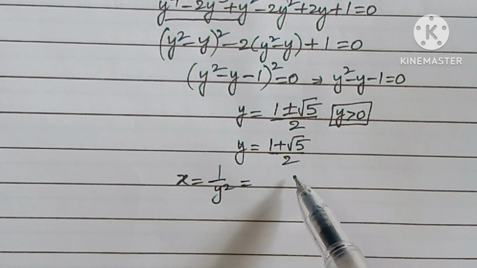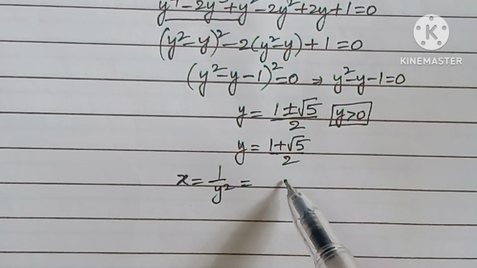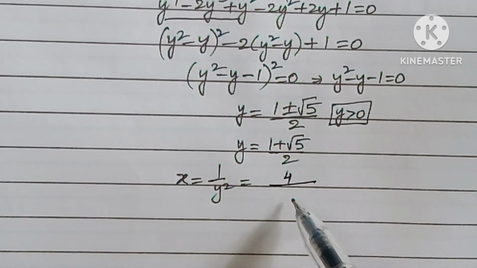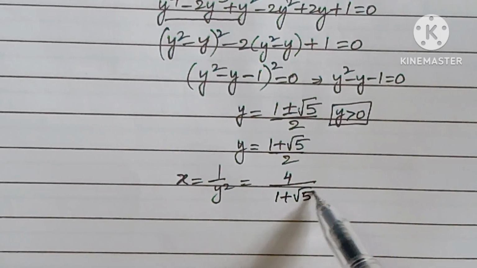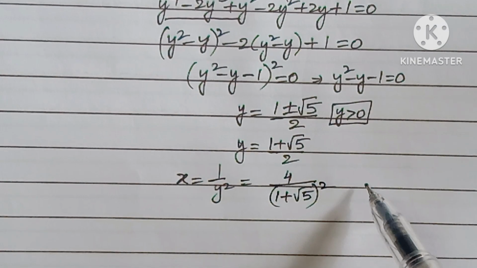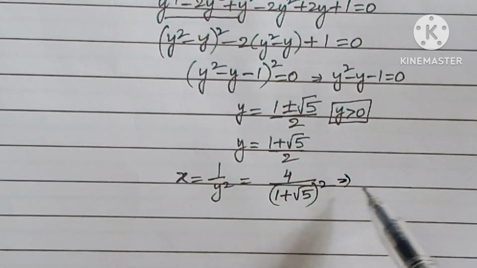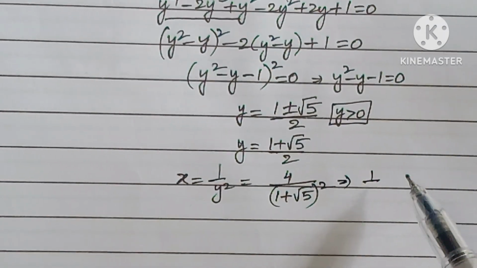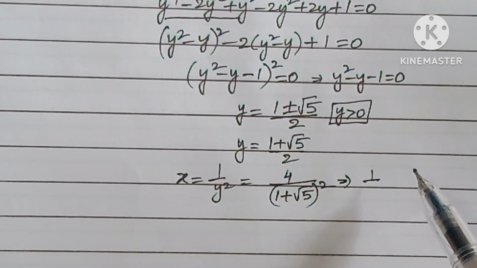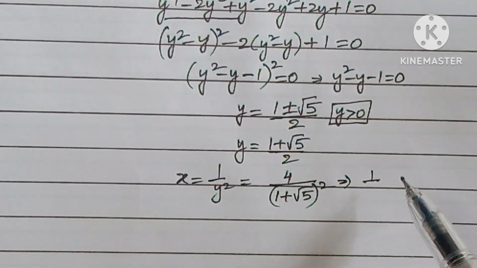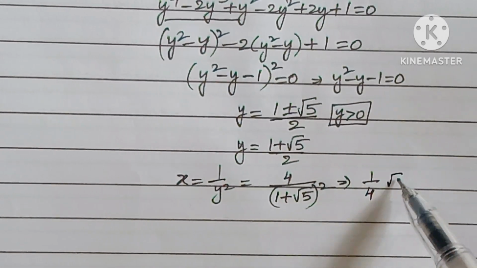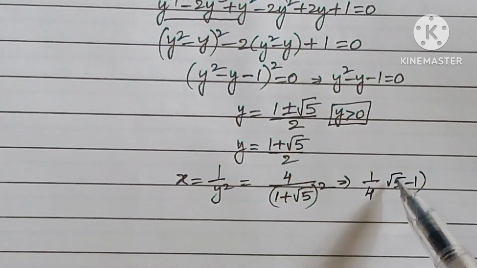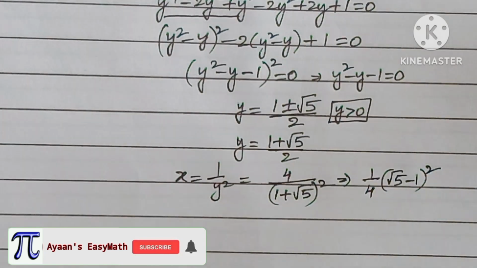So 1 by y square will be 4 by 1 plus root 5 whole square. So this can be written as 1 by 4 into root 5 minus 1 whole square.